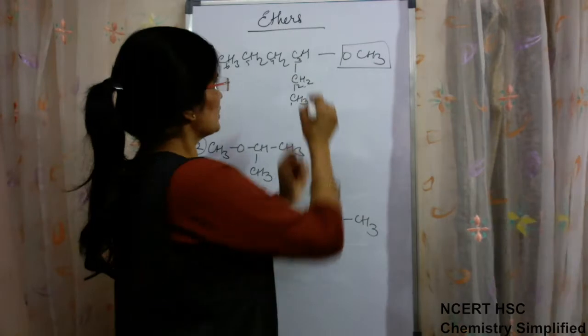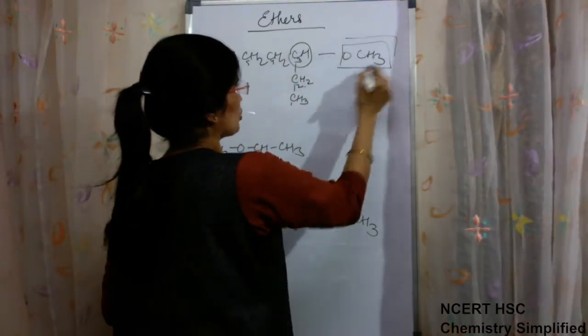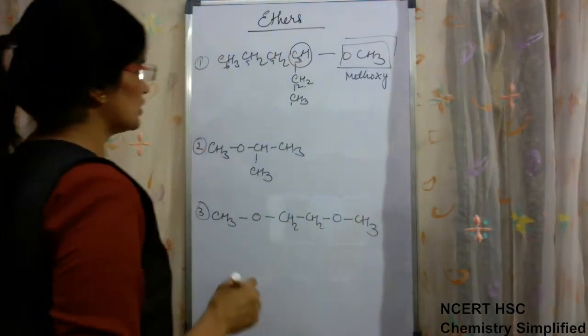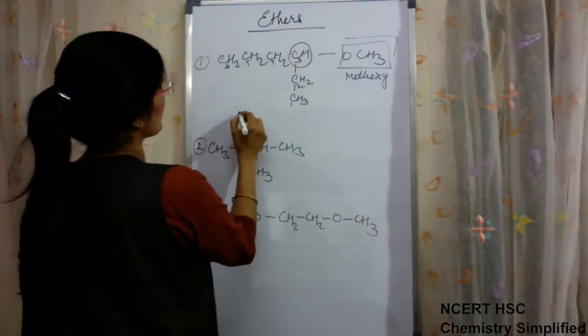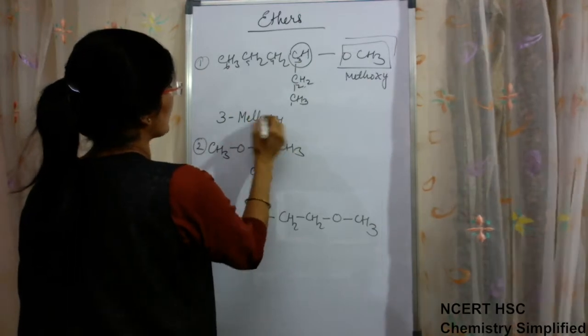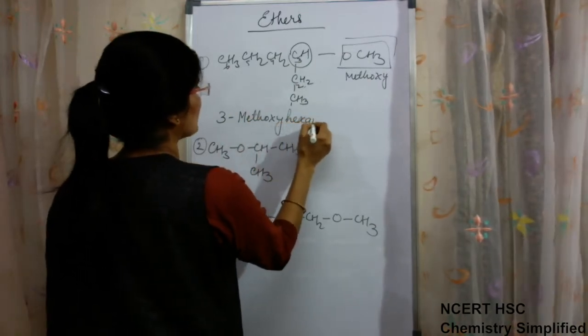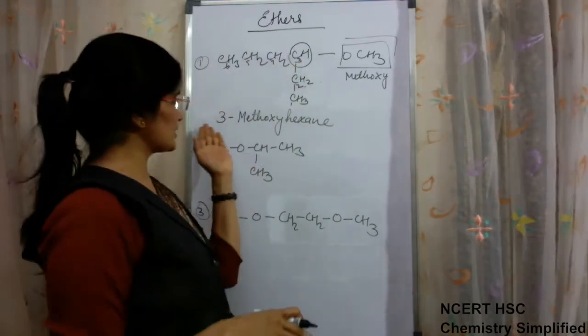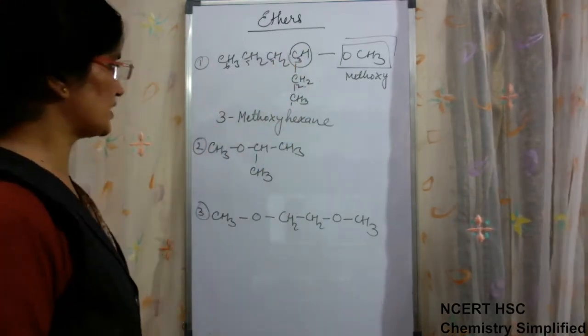So on the third carbon atom, a methoxy group is attached. So the name of this ether is 3-methoxyhexane, because 1, 2, 3, 4, 5, 6, so it is hexane. 3-methoxyhexane it is.